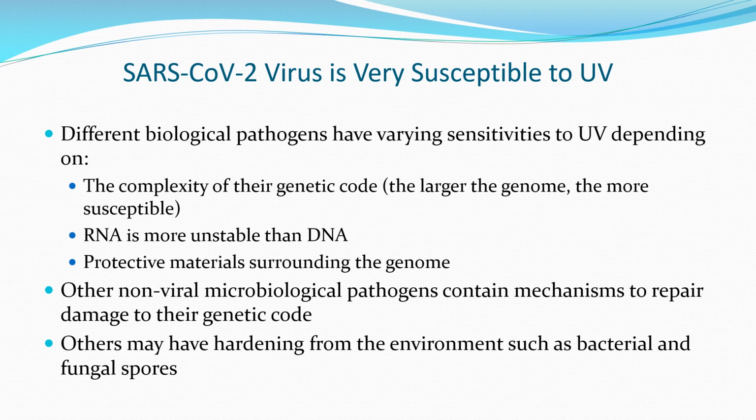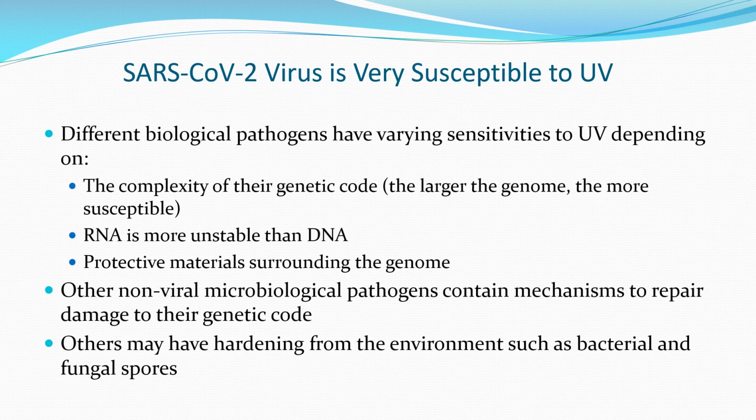And I want to point out that other types of microbiological pathogens, such as bacteria and fungi, have intracellular mechanisms to repair damage to their genetic code. So if it gets corrupted once, there's a good chance that it will get repaired.